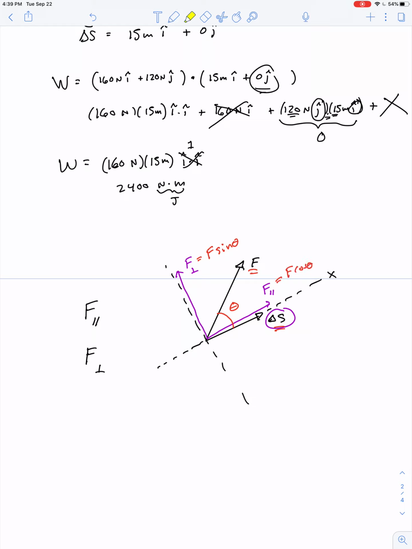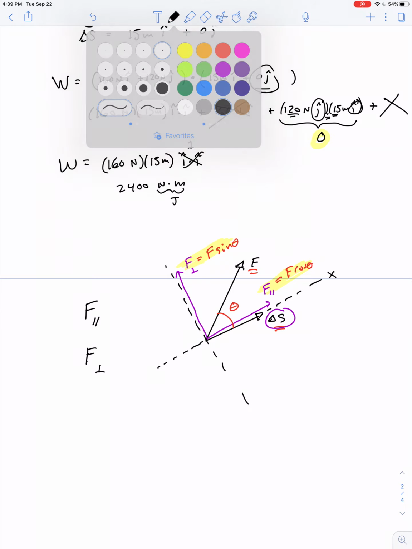So one way to look at this is that the component of the force that's perpendicular to the displacement will always give 0 contribution to the overall work, and it's only the component of force that lies parallel to the displacement that gives any contribution to the overall work.